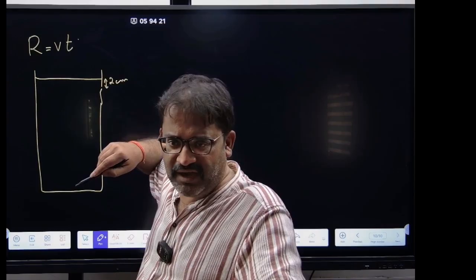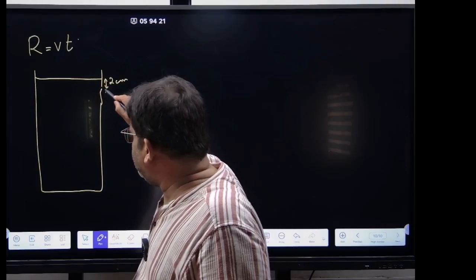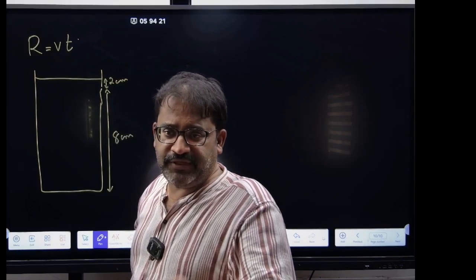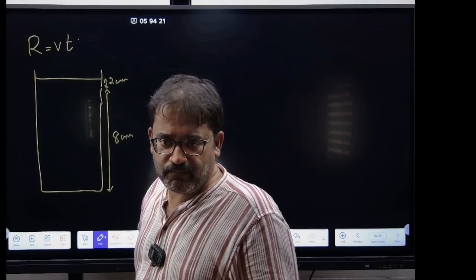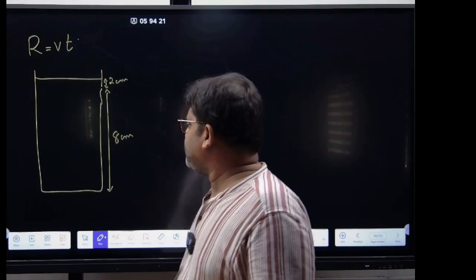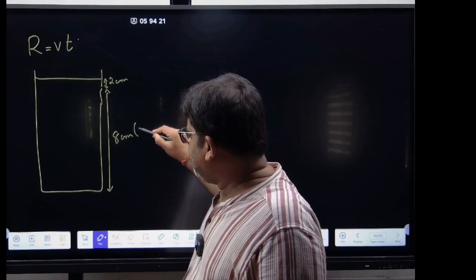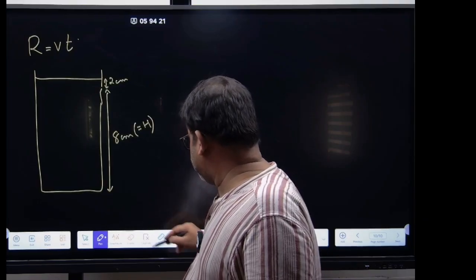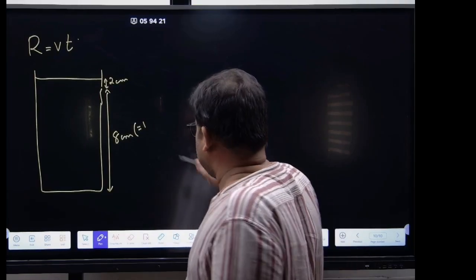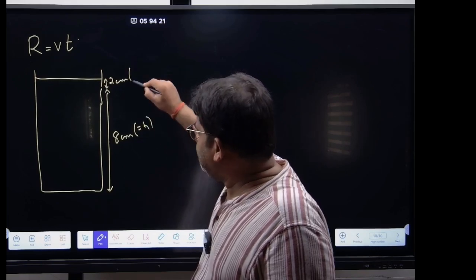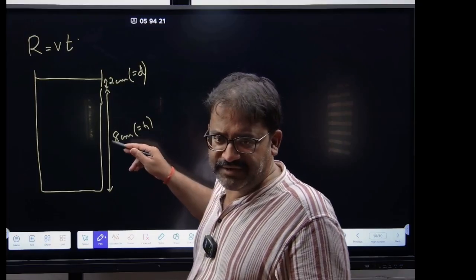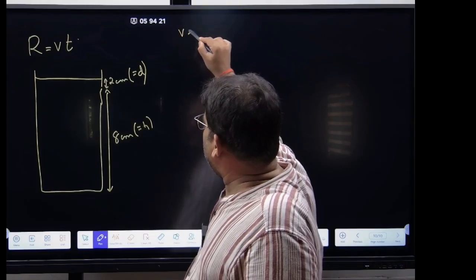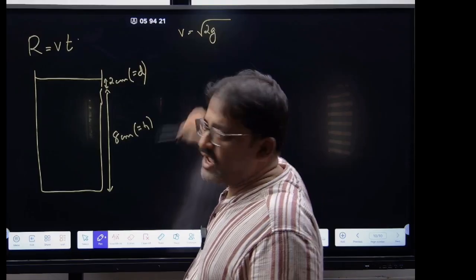Depth 2 centimeter from the top of the liquid. But from the bottom of the container, it is 8 centimeter. Is it correct? Very good. Now let me call this as capital H. Let me call this as small h and this as d, because this is the height, this will be the depth. Okay. Now remember, velocity is equal to root of 2gh.